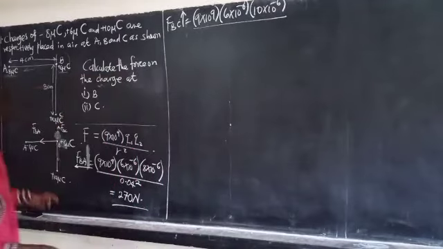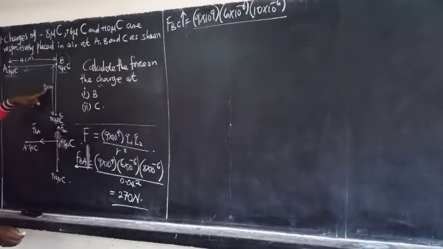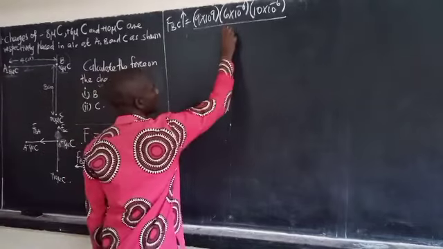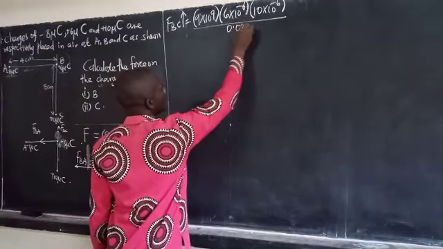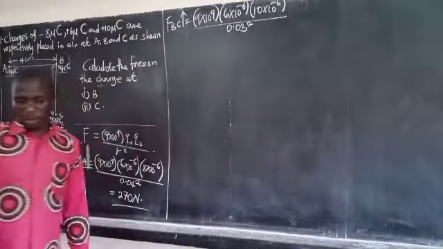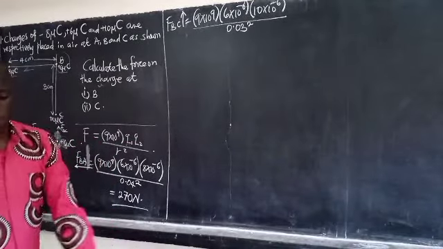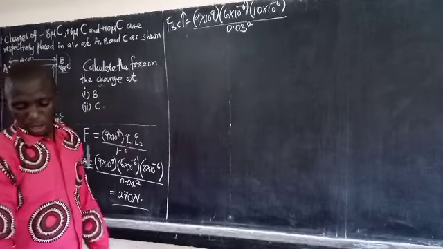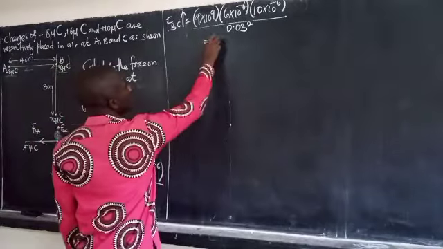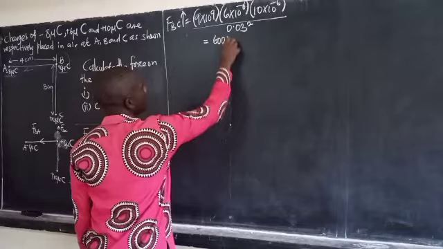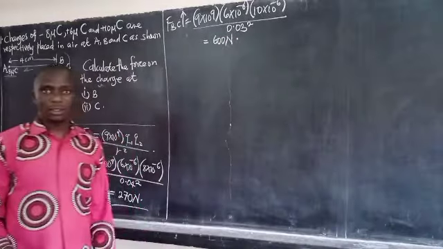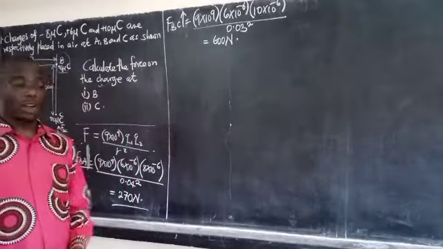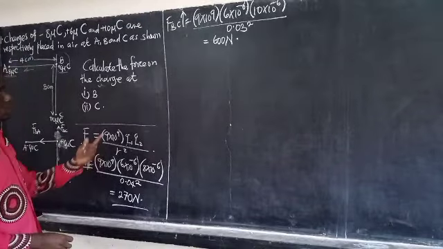Then the distance of separation from here to here is 3 centimeters. When changed to meters becomes 0.03, but remember that one has to be squared, and when you press that on the calculator, you'll get 600 Newton.